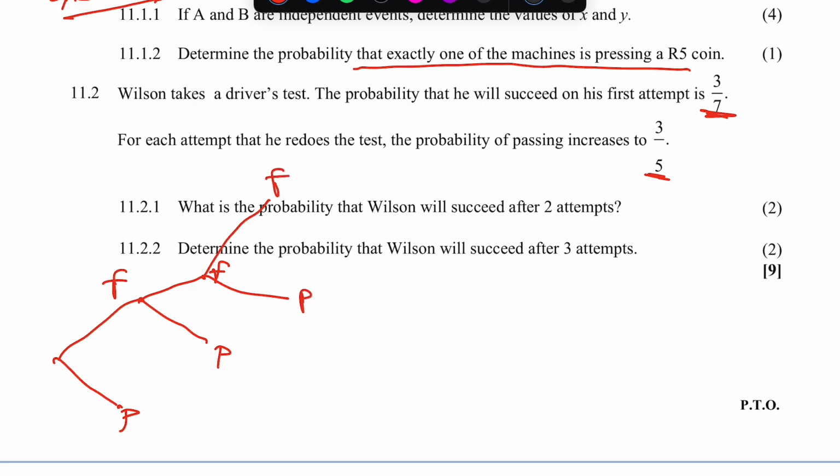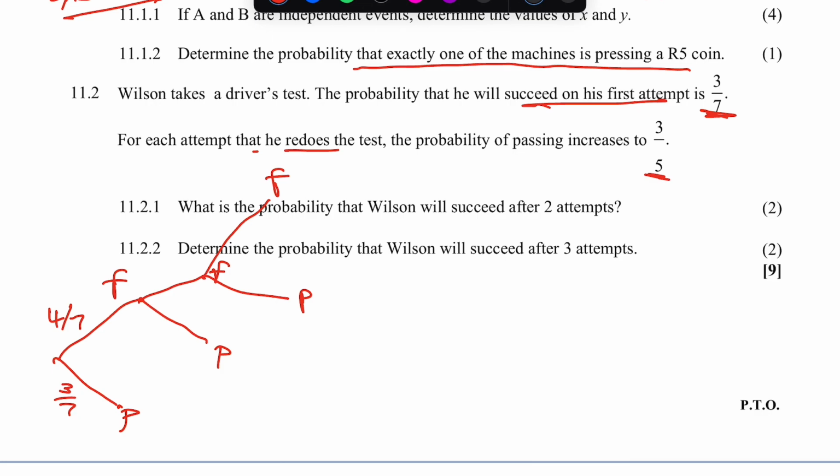So the probability that he will succeed at the first attempt is 3/7, meaning that the probability that he will fail will be 1 minus 3/7, which will give us 4 over 7. And then after that, they told us that for each attempt that he redoes the test, the probability of passing increases to 3 over 5.